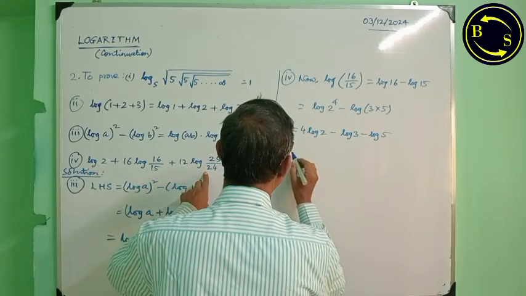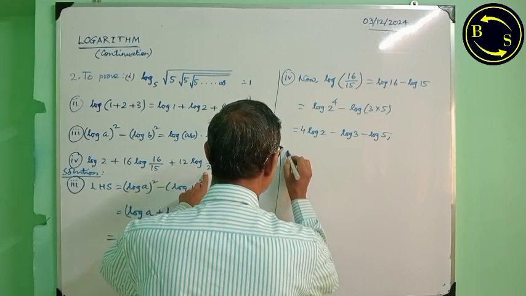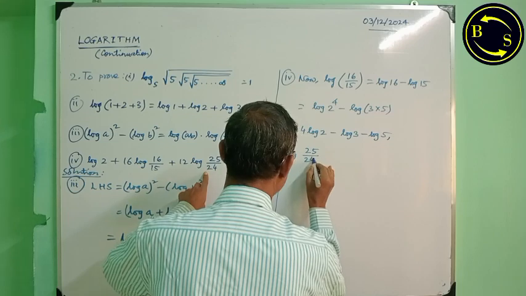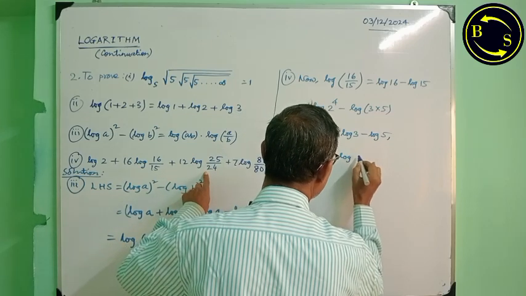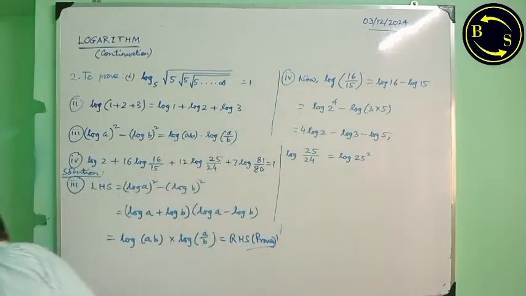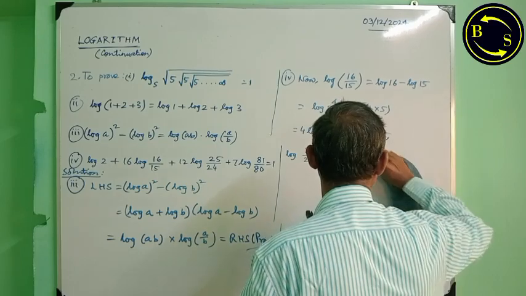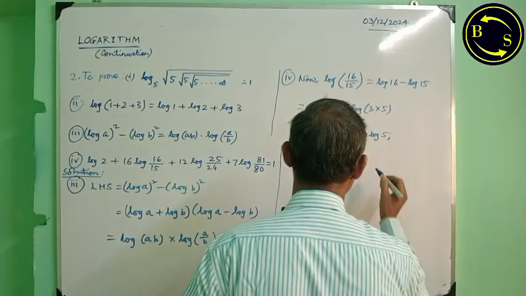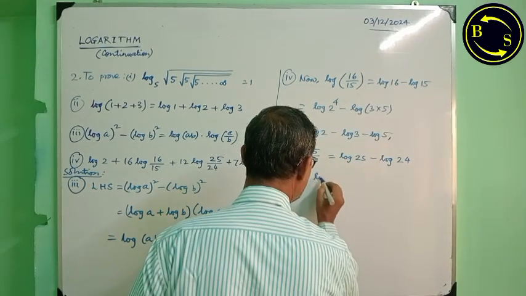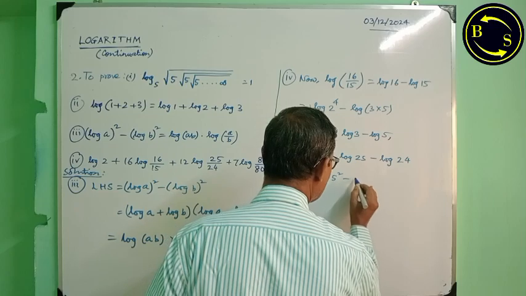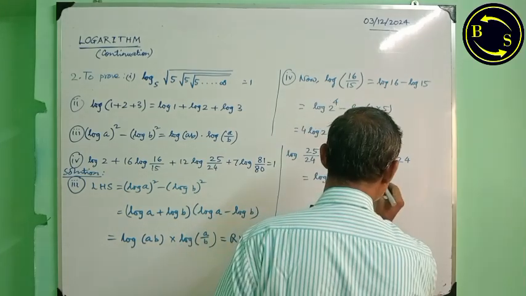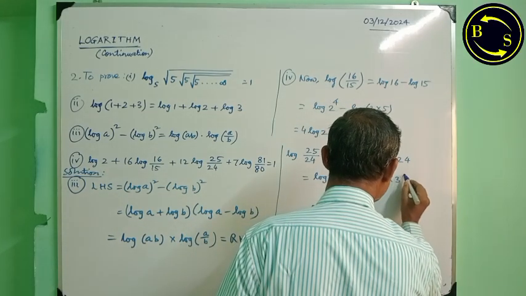Then log of 25 by 24, log of 25 minus log of 24, that is equal to log of 5 square minus log of 24 means 8 into 3, that means 2 cube into 3.